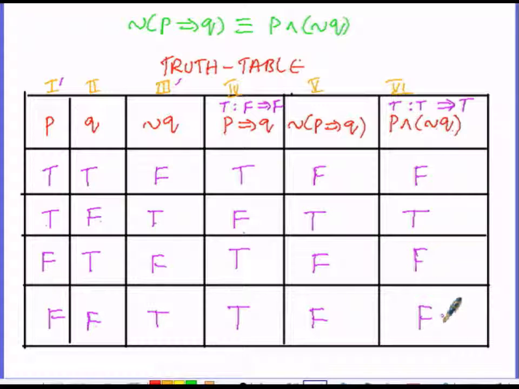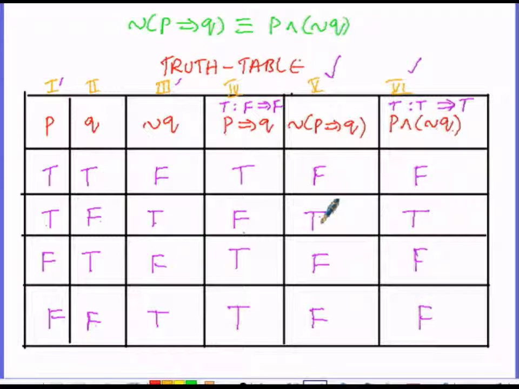Now in order to prove this condition, the negation of P implies Q is under column number 5. P and negation Q is under column number 6. Let us see the truth values of columns 5 as well as 6.